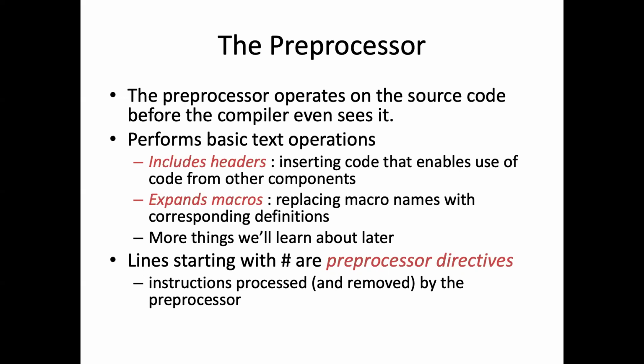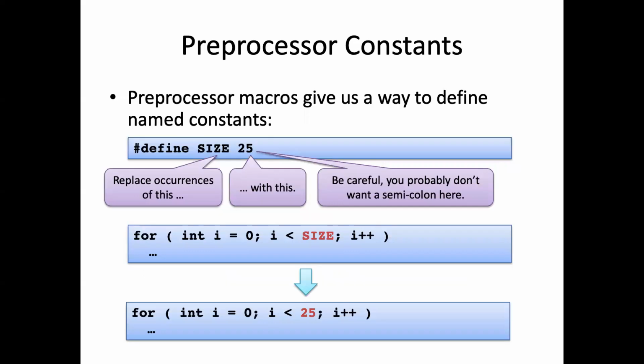Like I said, we've already seen including headers as one job done by the preprocessor. Defining macros, or for us, we'll call these preprocessor constants for now, is a way of getting the preprocessor to give names for particular values.